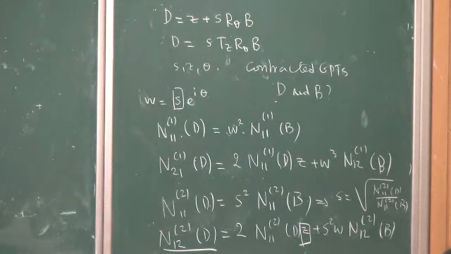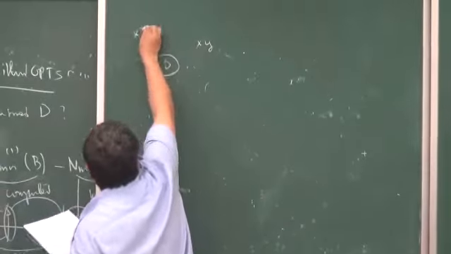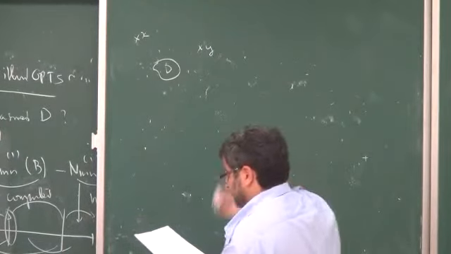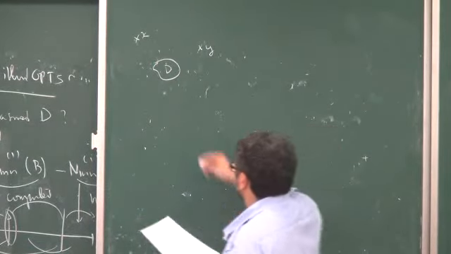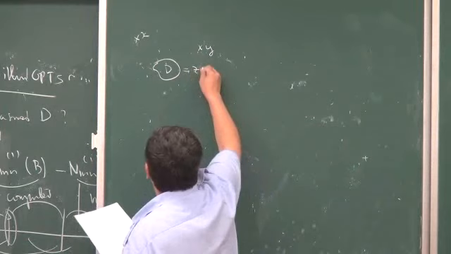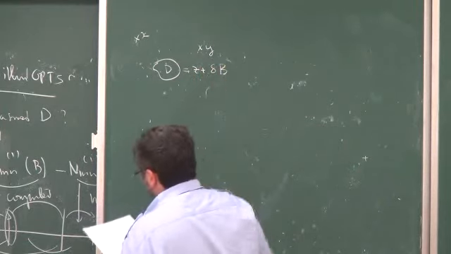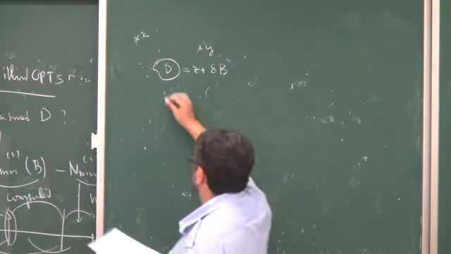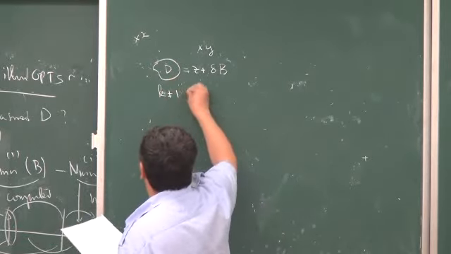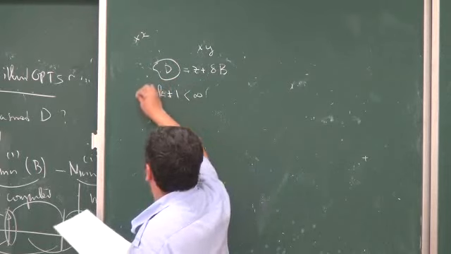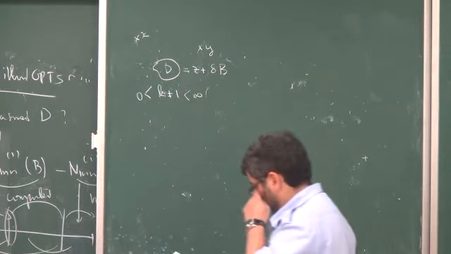I have a small inclusion here. I have a source point and I have a receiver. Okay. So let me consider D equal to z, some location, plus delta, the characteristic size, times B. Okay, this is a conductivity inclusion. K is not 1 and it's from 0 to 1.